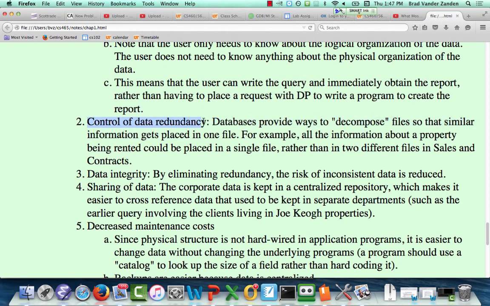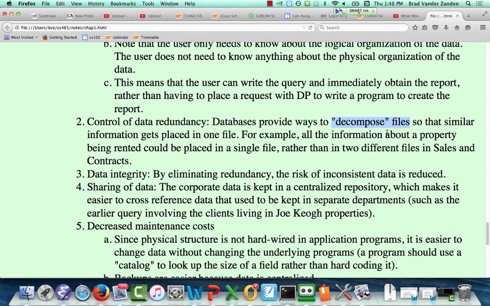So databases control data redundancy, and the way they do that is they decompose files. So when we get into database design, we're going to look at what are called decomposition techniques that basically split the data into separate files so that we place similar information in one file, but we don't duplicate it in multiple files.